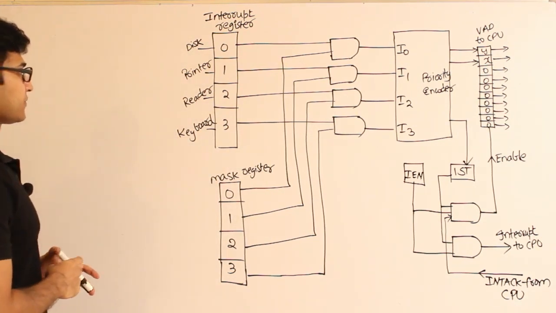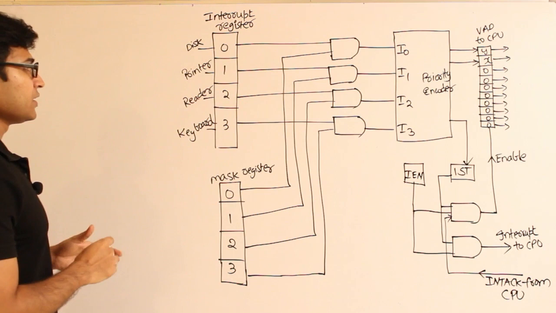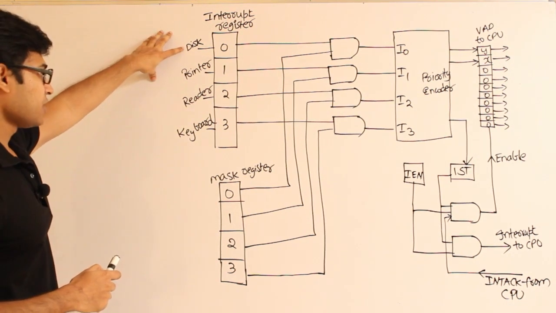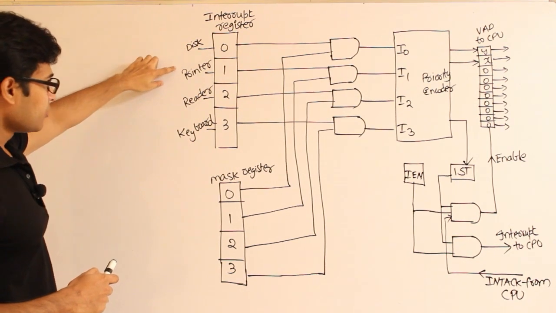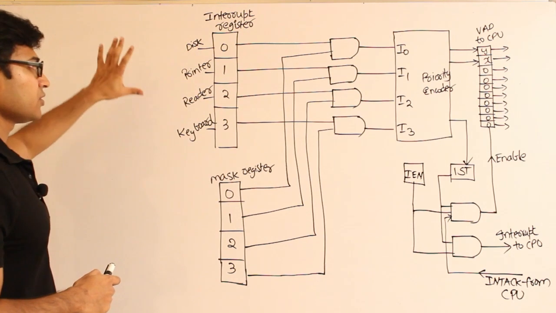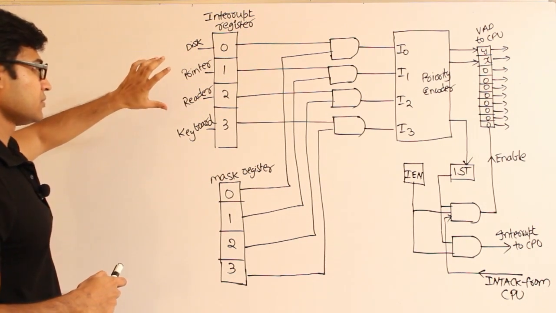As you can see here, we'll implement this system in such a way that the disk will be given the highest priority, the priority will keep on decreasing, and the keyboard will be given the least priority. That is how we are going to build this.